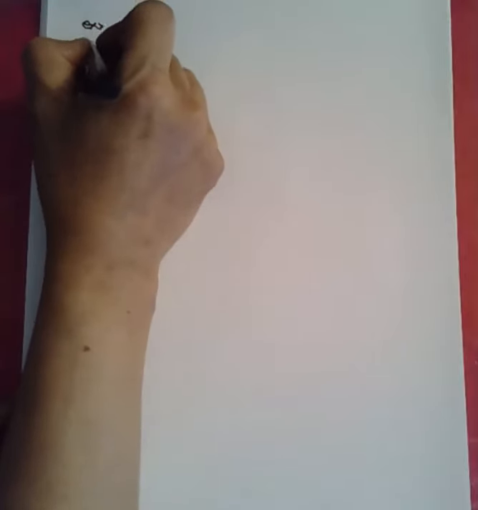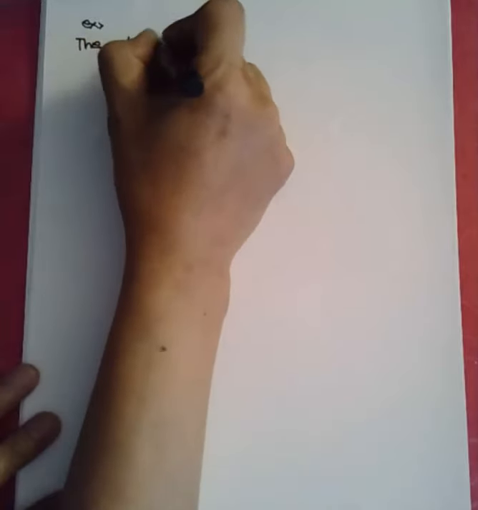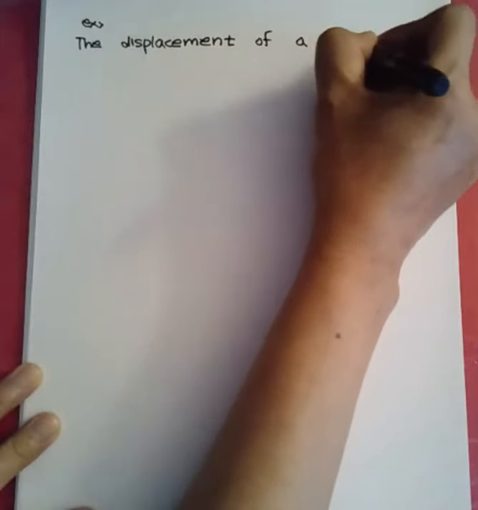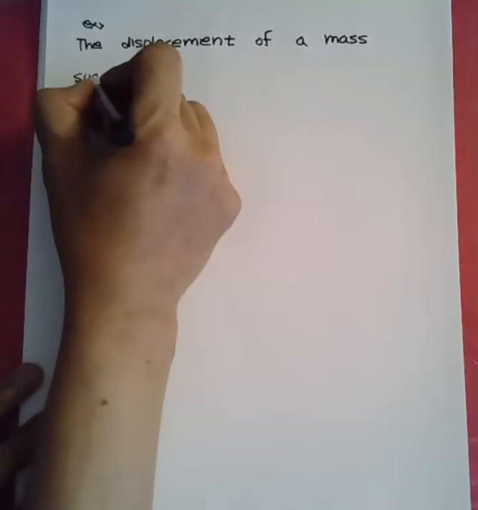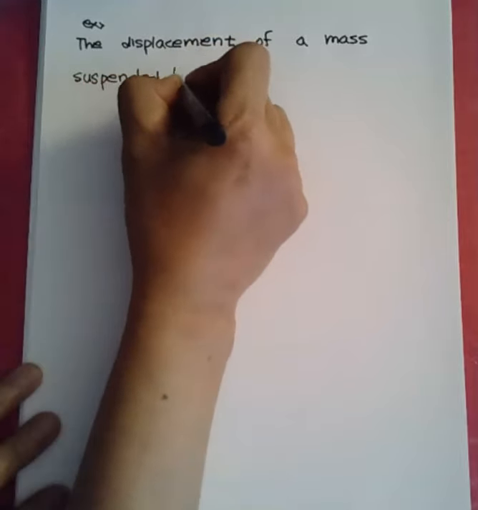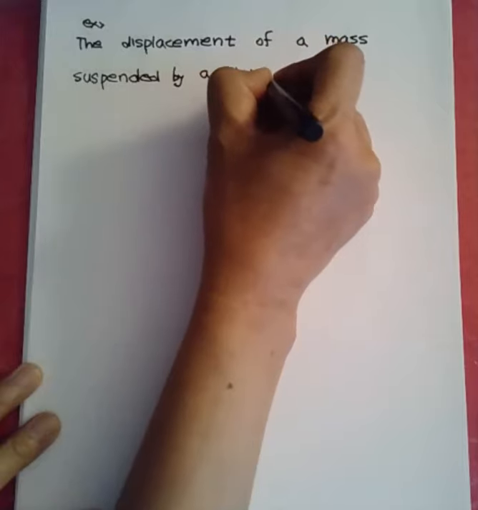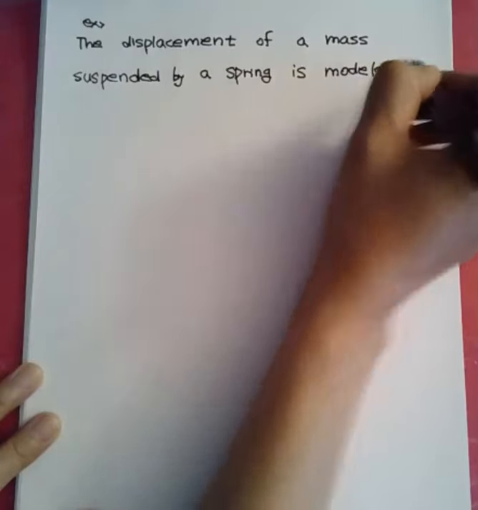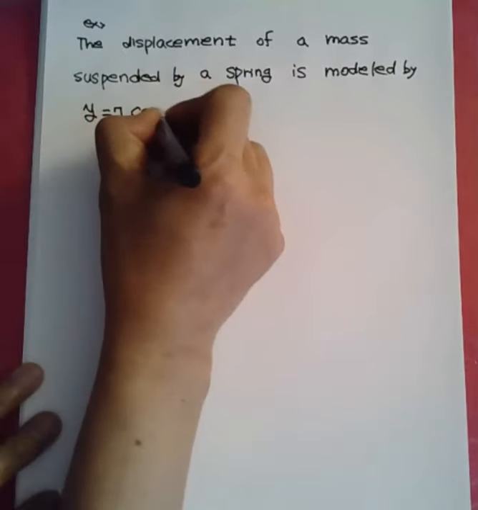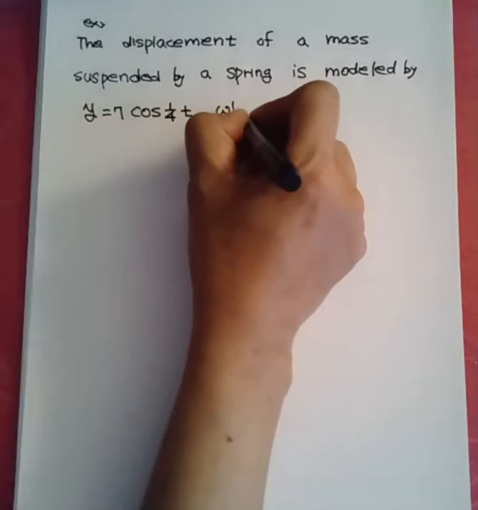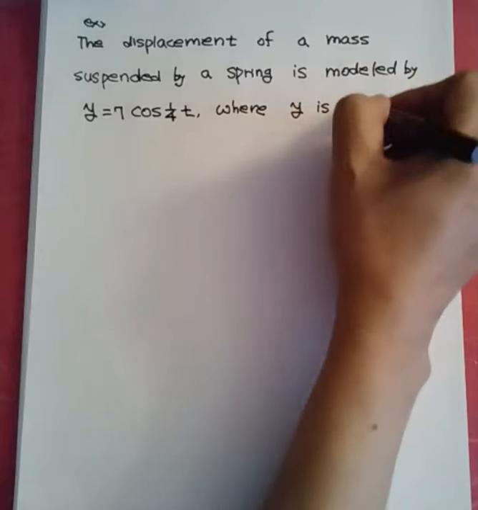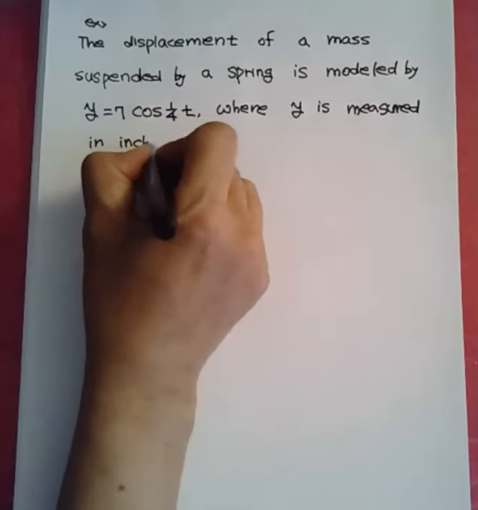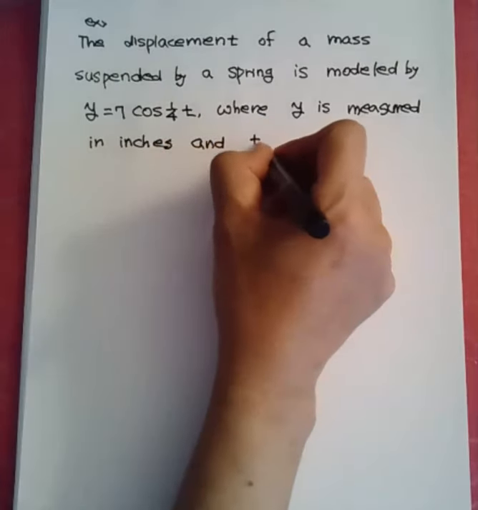Next example, the displacement of a mass suspended by a spring is modeled by y equals 7 cosine of 1/4 t, where y is measured in inches and t in seconds.